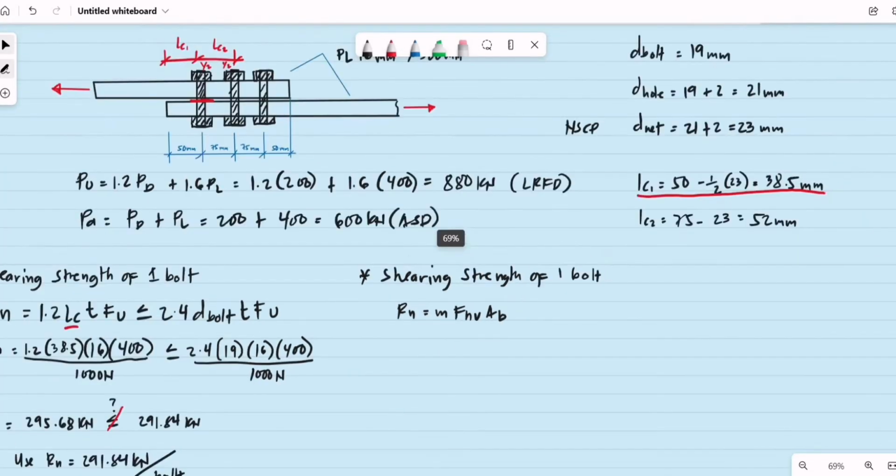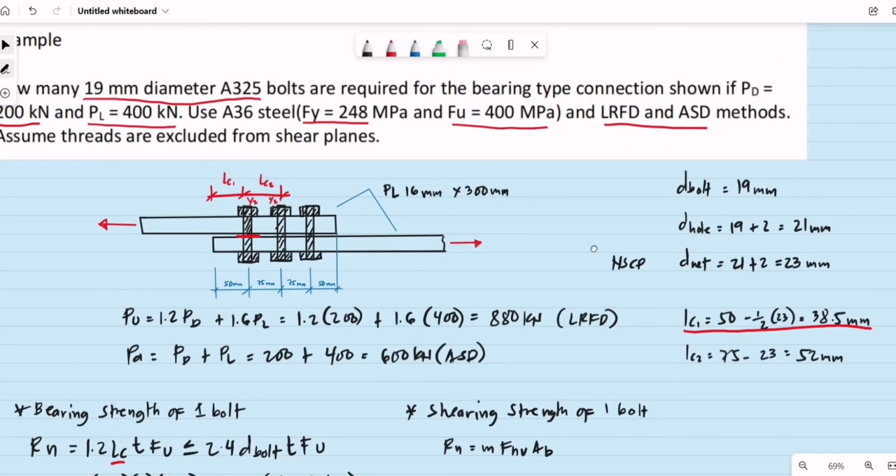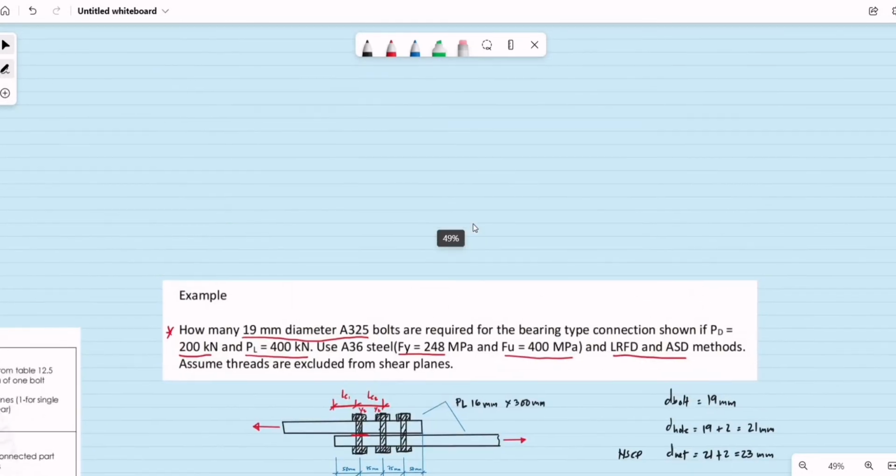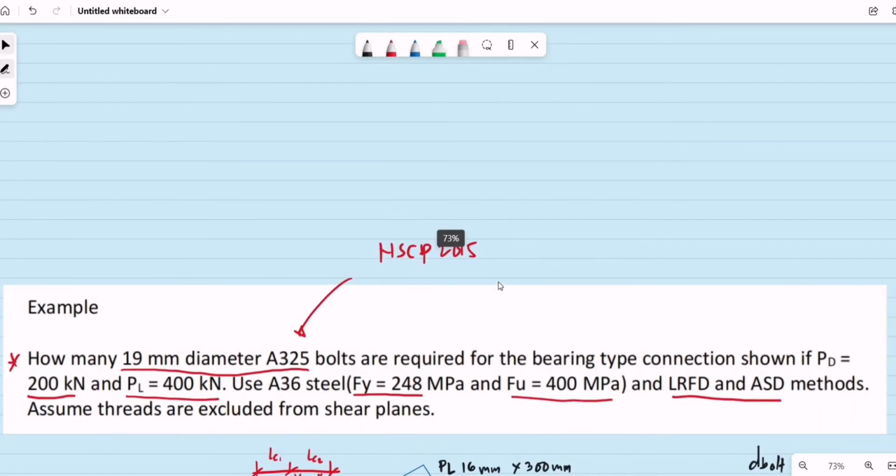Based on the given, we are using, I think from the previous example, A325 bolts. So when it comes to A325 bolts, based on our NSCP 2015, this is on page 5-99, and we are using table 510.3.2.